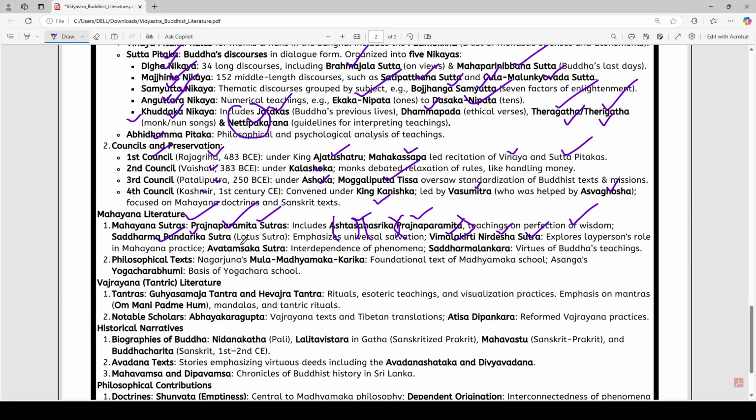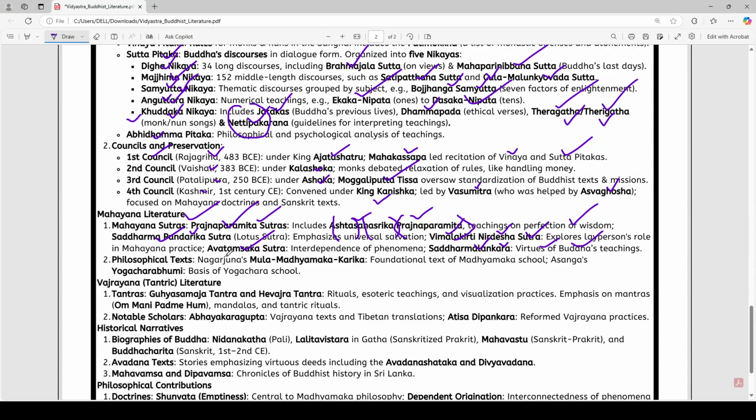Then we have to talk about Avatamaka Sutra and Sadharma Alankar. Avatamaka Sutra means interdependence of phenomena. It tells that everything is interconnected. Then is the Sadharma Alankar. Sadharma means the highest teaching. Alankar means adornment, the virtues of Buddha's teaching.